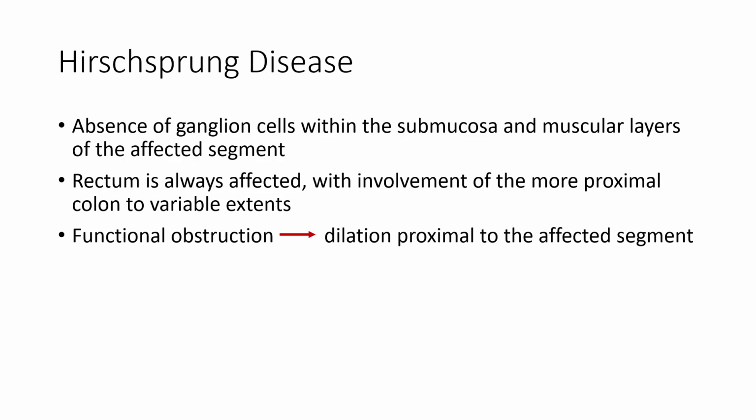So the aganglionic segment will be narrowed. However, the normally innervated proximal colon undergoes progressive dilation as a result of the distal obstruction. Patients present with failure to pass meconium in the immediate postnatal period, and obstruction or constipation follows.